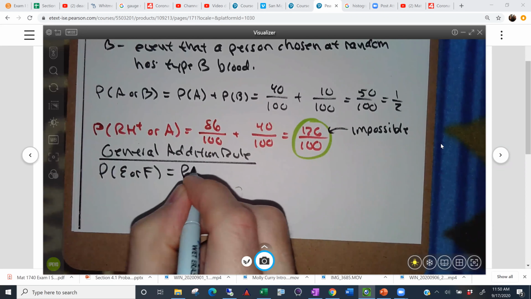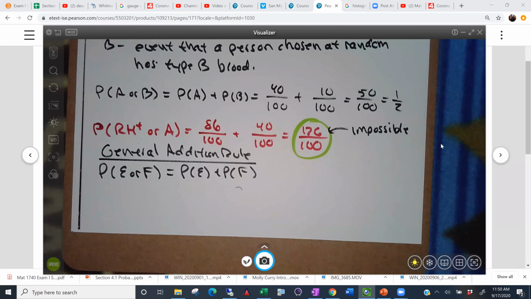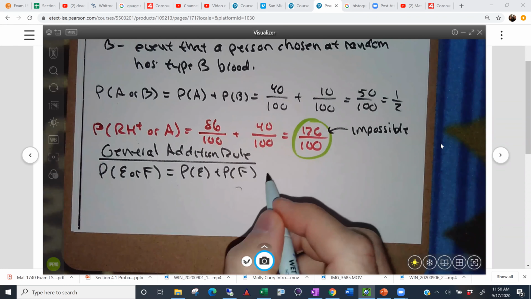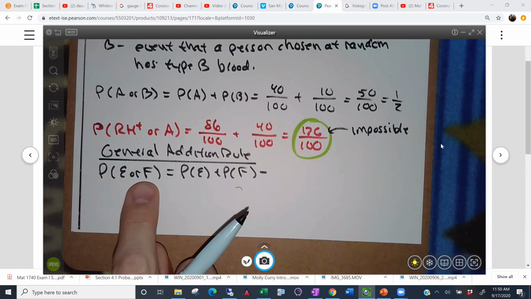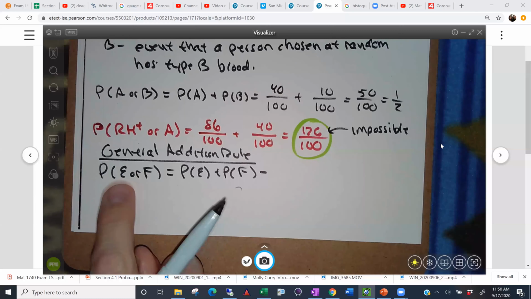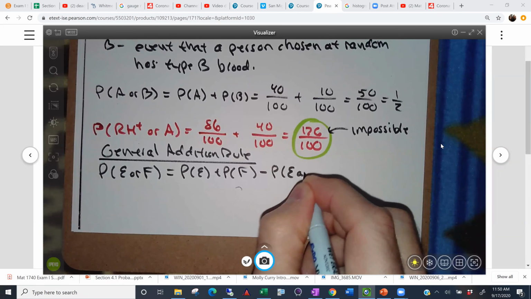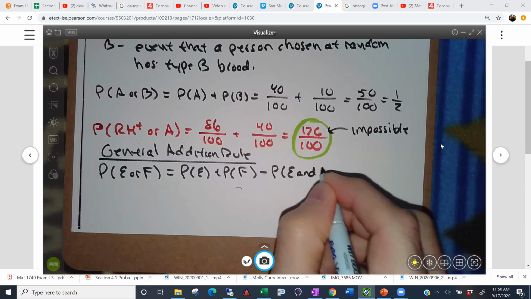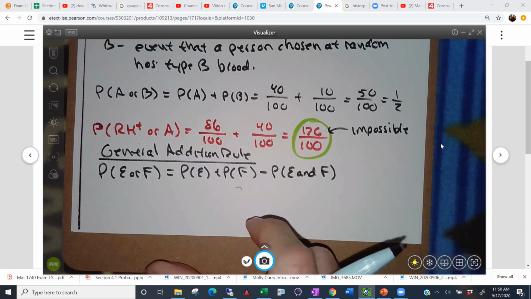And it's going to be the probability of E plus the probability of F, just like what we did before, except we're going to account for that double counting. We're going to subtract off where these overlap. And they overlap at the probability of E and F. So you're subtracting off the double counting once, and that should do it for us.